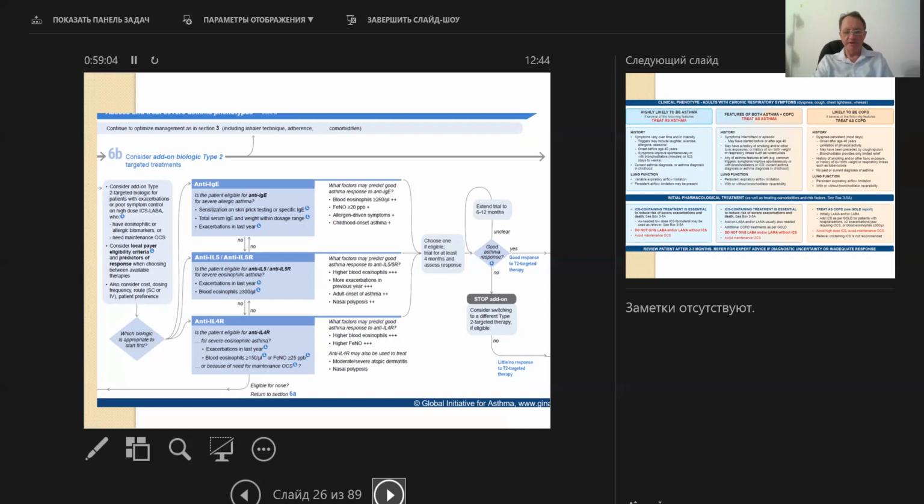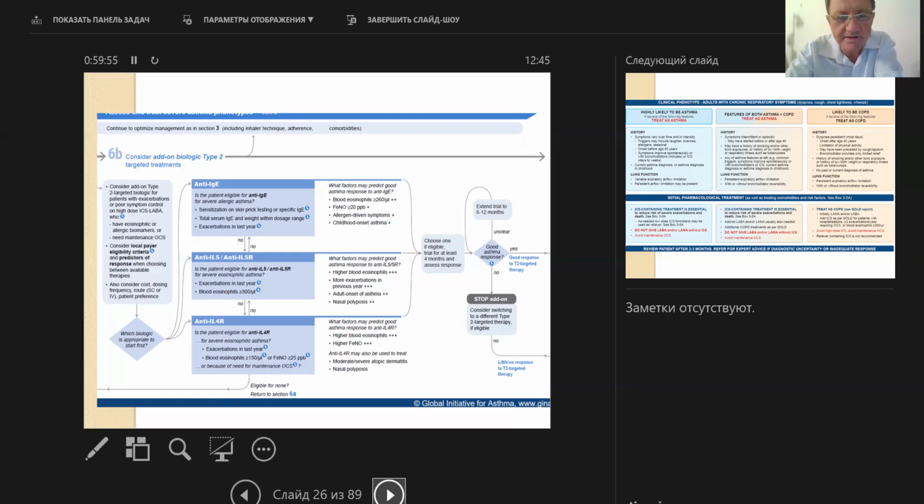This direction of treatment includes establishing the clinical phenotype of bronchial asthma. The clinical phenotypes, I repeat once more, are high T2 inflammation and low T2 inflammation. In case of high T2 inflammation, we confirm the IgE level and the presence of sensitization using a skin prick test or detection of specific immunoglobulin E in the serum. This is a confirmation of type 1 inflammation.